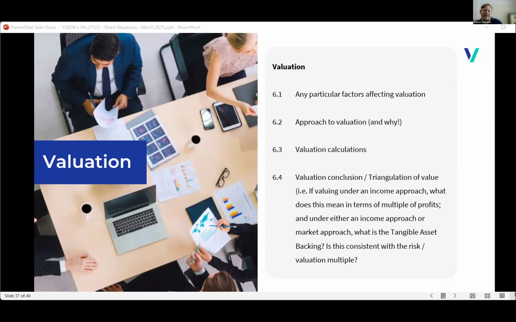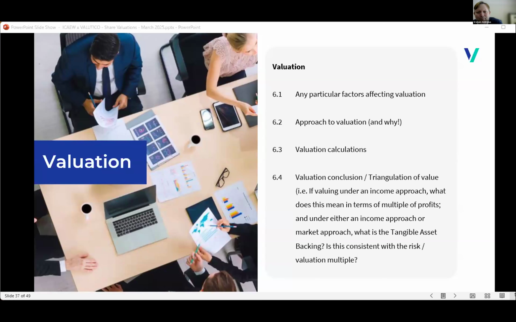So first, we'll consider specific elements which might influence valuation, including specific trends, including any regulatory changes, customer concentration, any unique risk factors. All of these are going to fall under this heading for us. We'll also set out in detail our approach to valuation. So the choice of the approach will depend on the nature of the business, the purpose of the valuation.